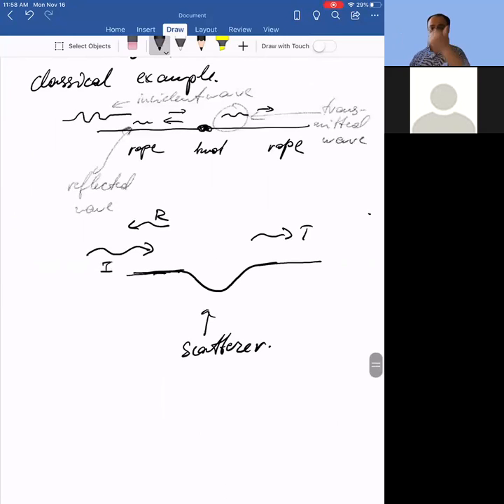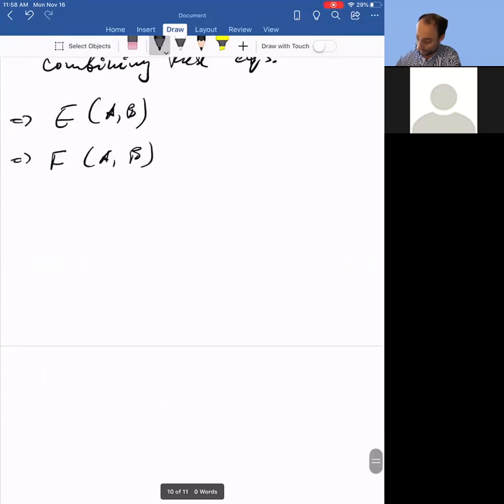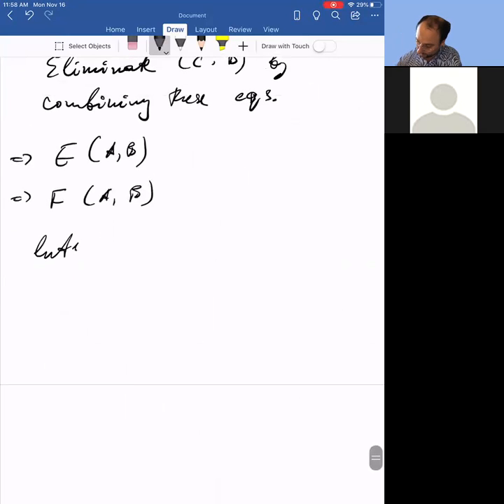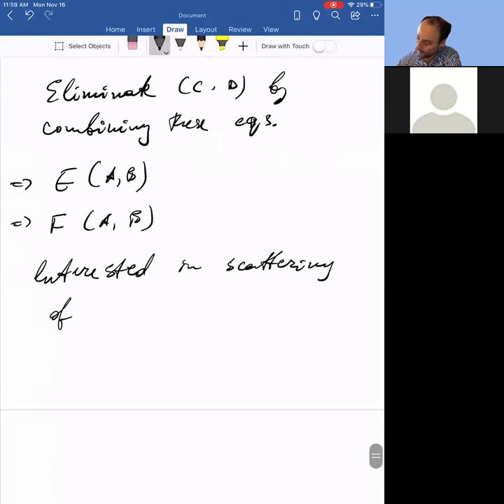I allow the possibility that some will be reflected and some will be transmitted. So interested in scattering of the wave. So this is the scattering.